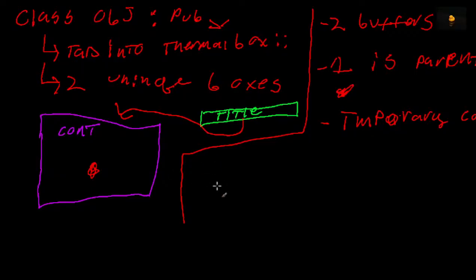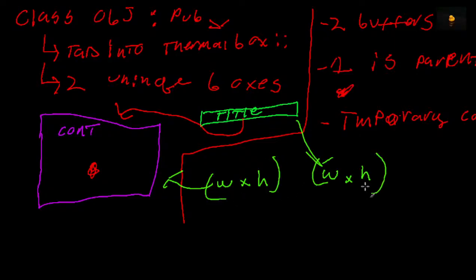I need a box of W width by H height, and I need that one to represent this box, and I need a second box to also have a width and a height, right? So this is just some parameters that go into a function that I've already written that will create this box and that box. So step 1, gen both boxes.